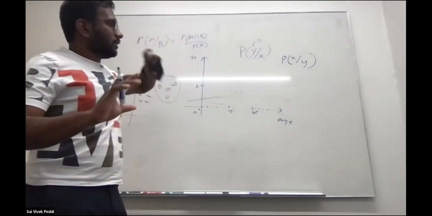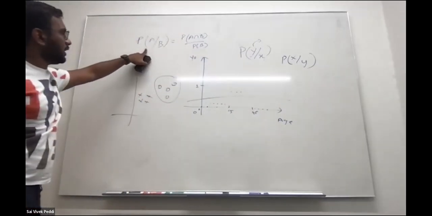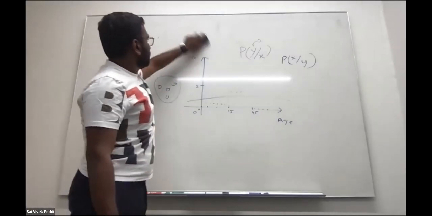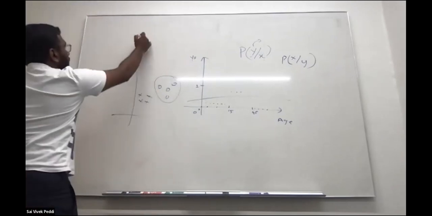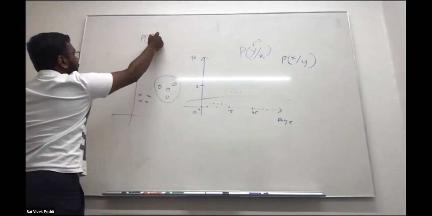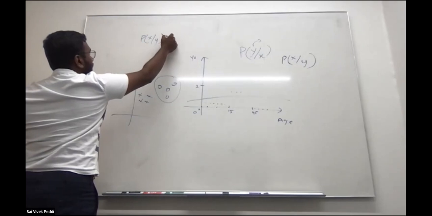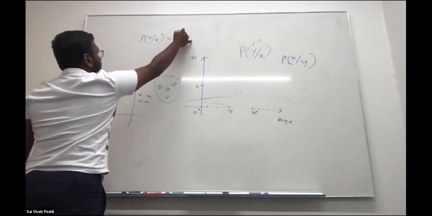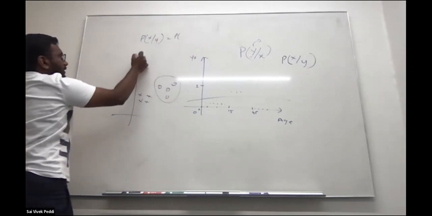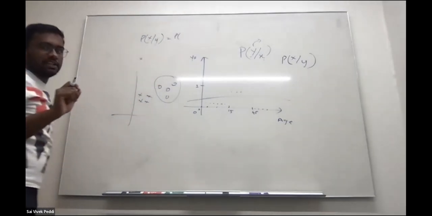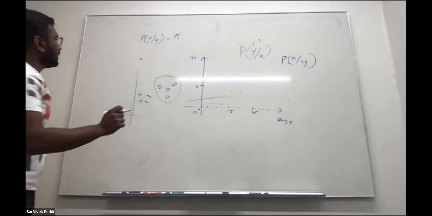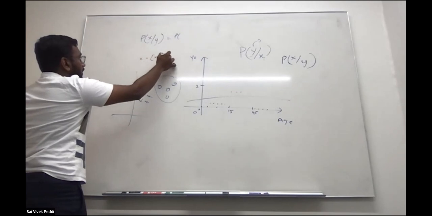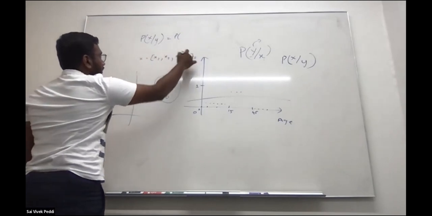But what will happen is we'll figure out P of X given Y. X is actually a feature vector, right? It's not a single-valued variable. It's multivariate. X is a vector x1, x2, x3, like that.